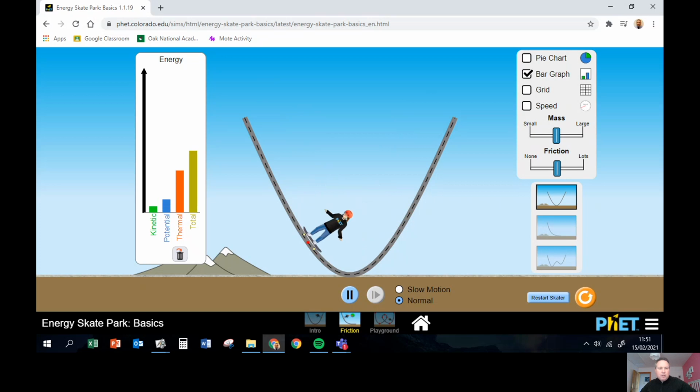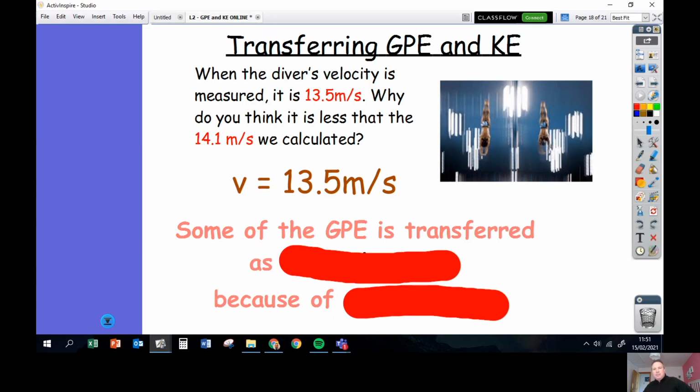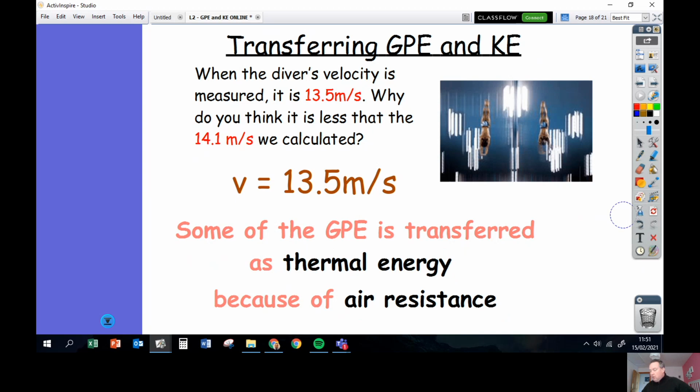As the skater goes down the ramp, some of that gravitational potential energy becomes thermal energy because of friction. So not all of the GPE in real life will get transformed into KE. With the diver, it'll be because of air resistance. So not all of the GPE ends up becoming kinetic energy.